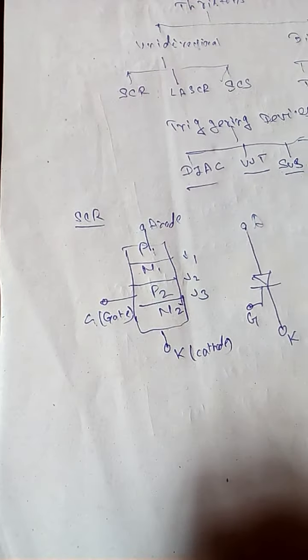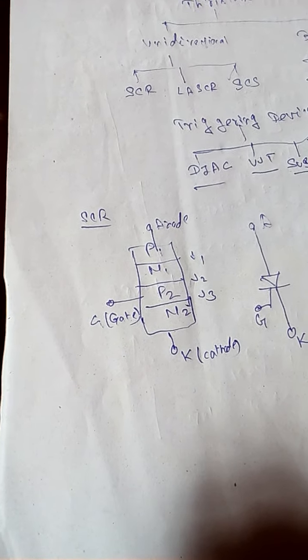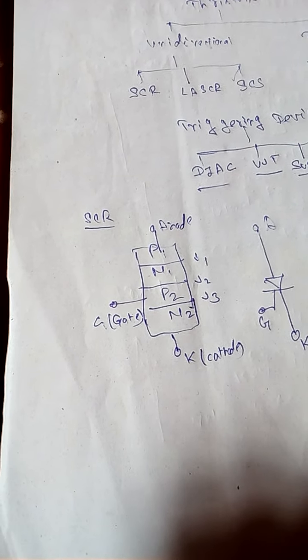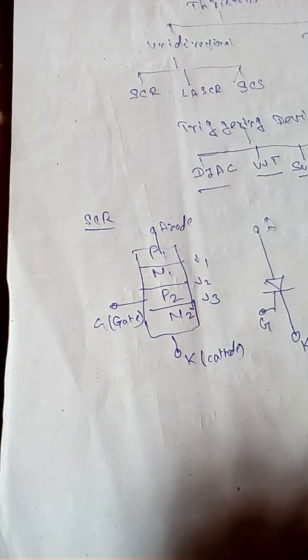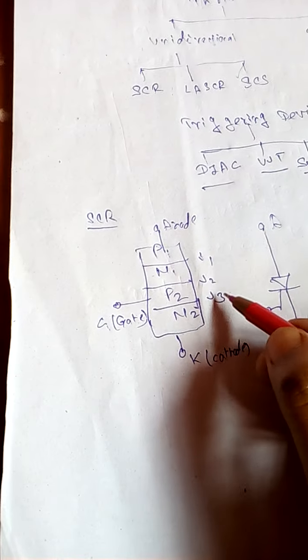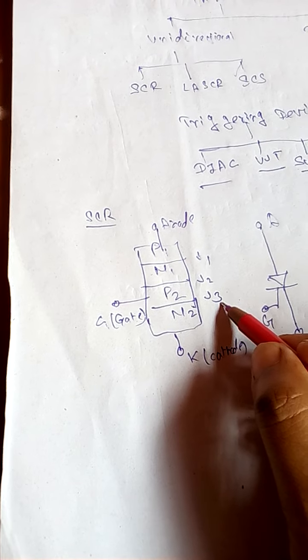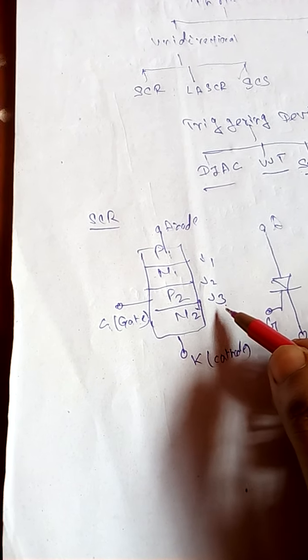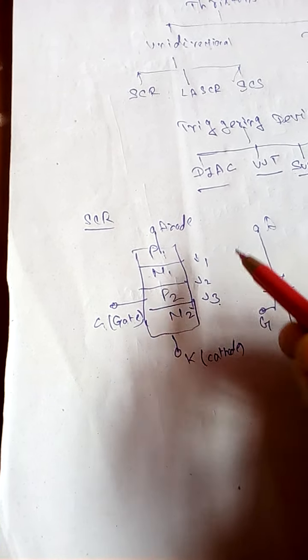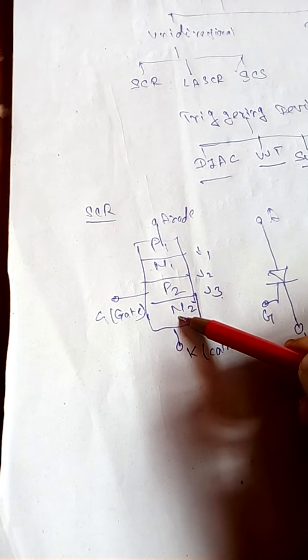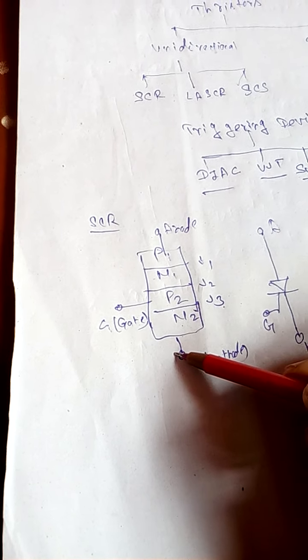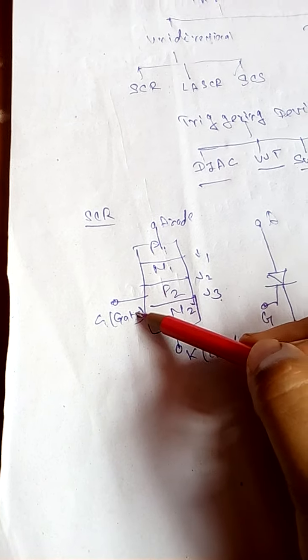SCR is a four-layer semiconductor device forming three PN junctions, namely J1, J2 and J3, and it has anode, cathode and gate terminals. The anode terminal is taken from the P1 layer, the cathode terminal from the N2 layer, and the gate terminal from the P2 layer.